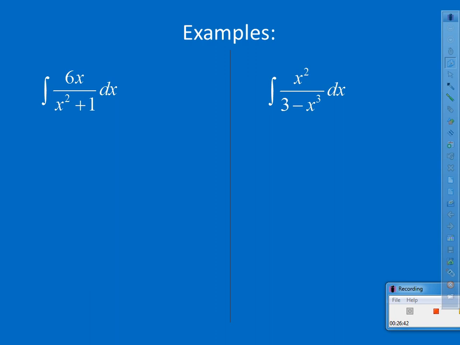Here's your number 12. Once again, I know that the denominator is to the first power, so that's my cue that a natural log's coming, and I'm going to let u equal x squared plus 1. du is going to be 2x dx. So I need to see a 2x dx, so I need to turn this 6 into a 2.